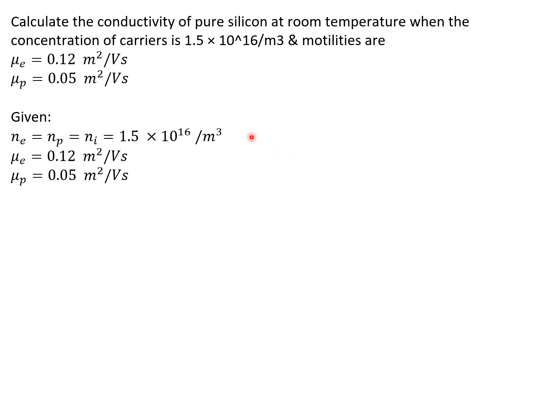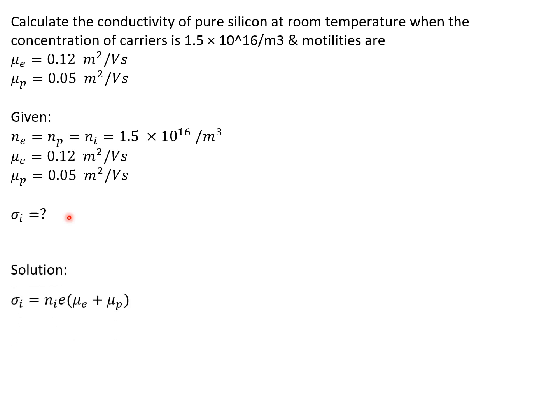Again, this is the concentration of carriers, that is, concentration of electrons and holes. Those are equal because the semiconductor is intrinsic. Mu E is given and mu P is given. We need to calculate the conductivity of this intrinsic semiconductor.